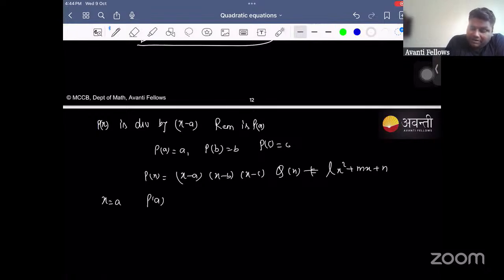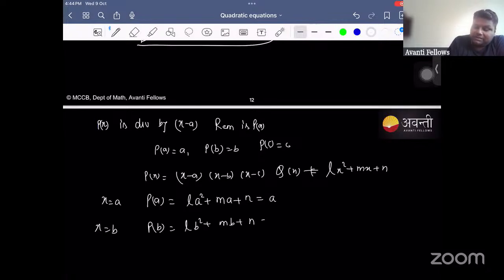Now put x equals to a. So P(a) will be l a square plus m a plus n, and this is given as a. Put x equals to b. So P(b) will be l b square plus m b plus n. This is given as b. And if you put x equals to c, P(c) is l c square plus m c plus n equals to c.